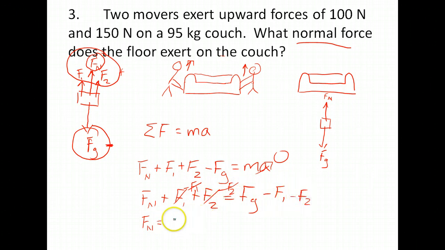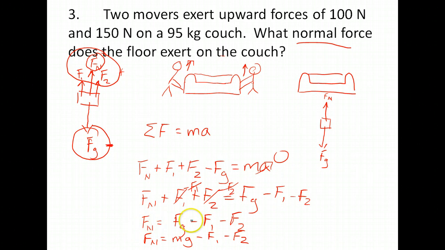So what that gives us, the normal force is the force of gravity minus F1 minus F2 right here. So we're almost ready to plug in numbers. The force of gravity is the mass of the couch times the acceleration due to gravity, minus F1 minus F2. So there we've got a nice equation for this one.